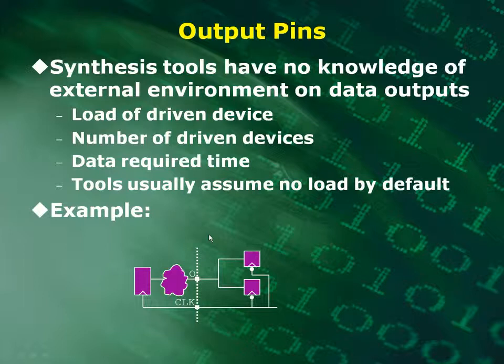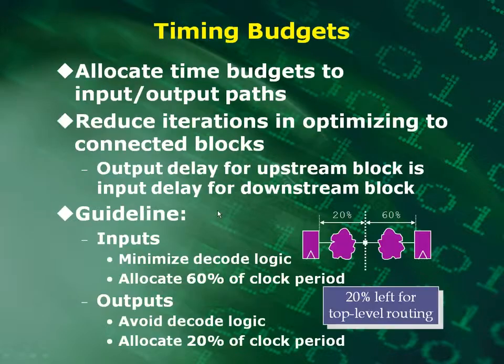Similar for output. Okay, it doesn't have any knowledge of the external environment on the data output, so you're going to have to give it some type of information, such as the load of the driven device, the number of driven devices, data required time, all of those type of things.